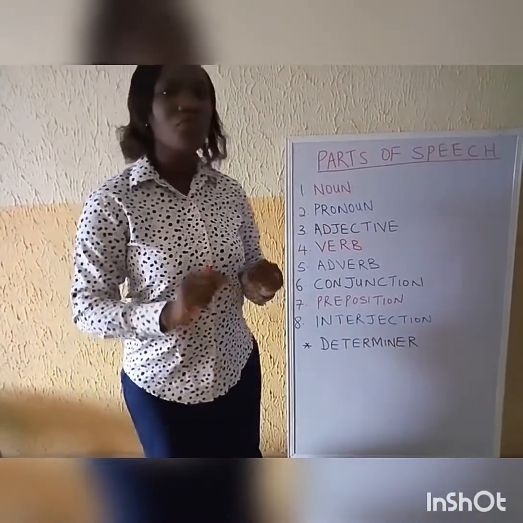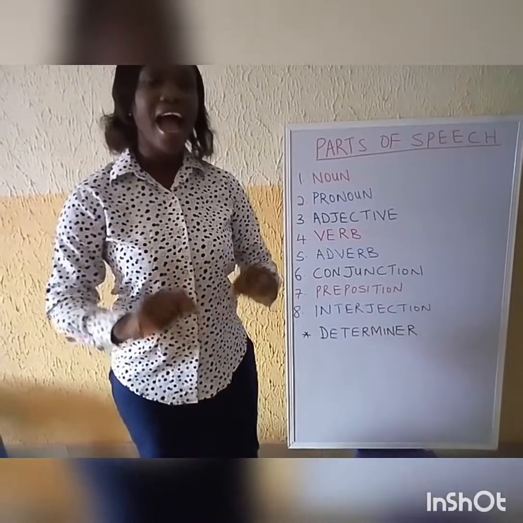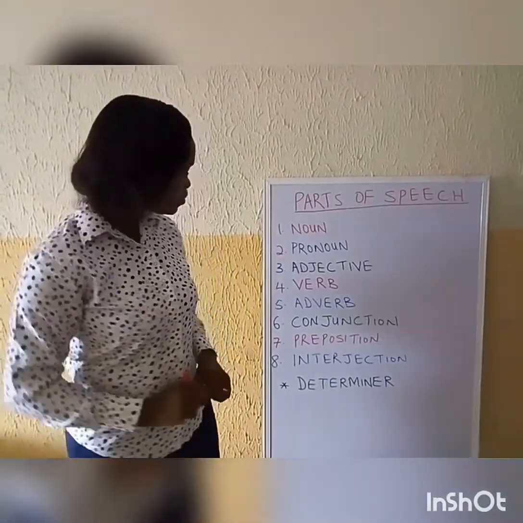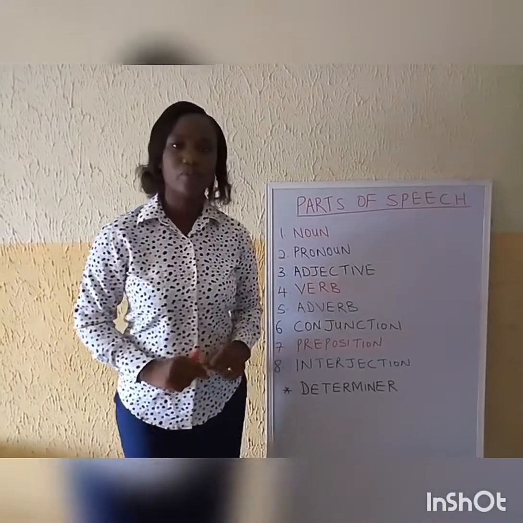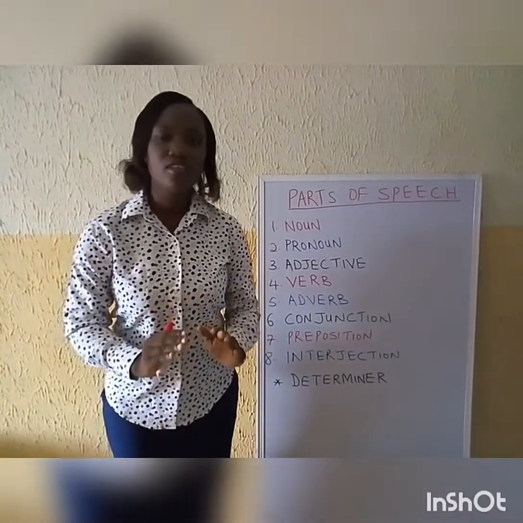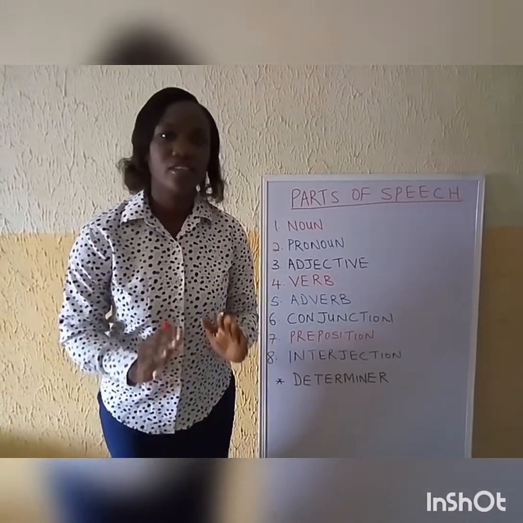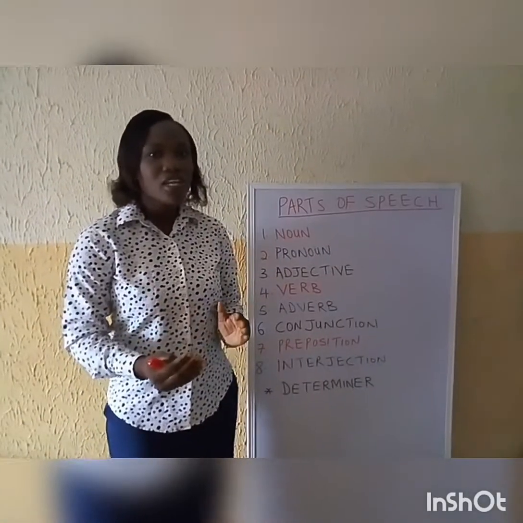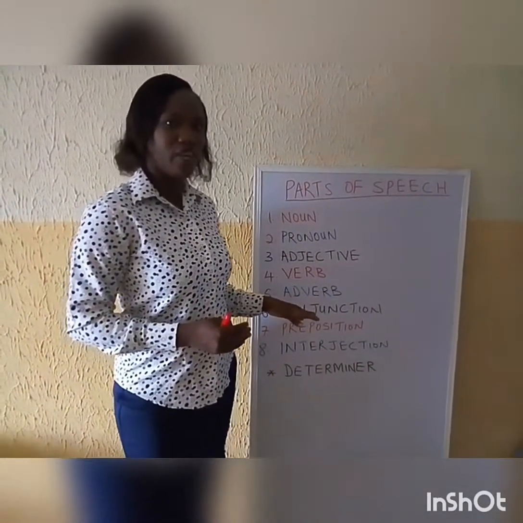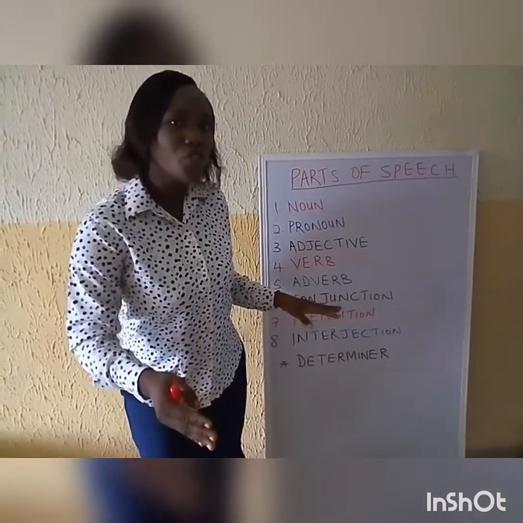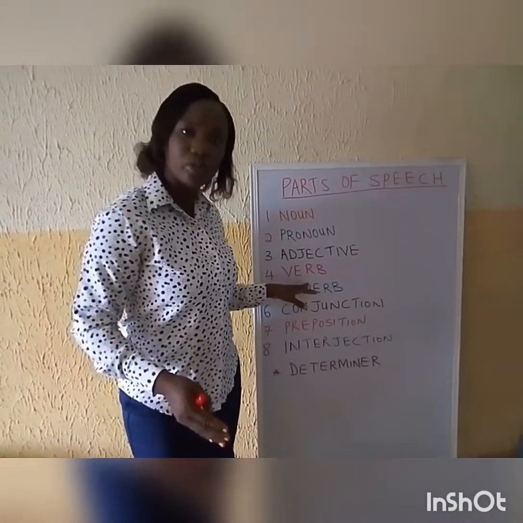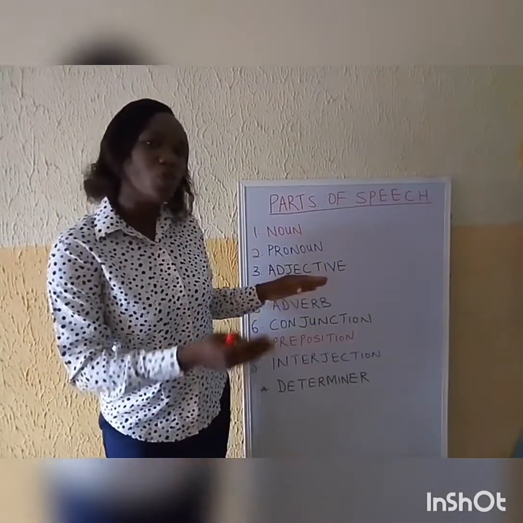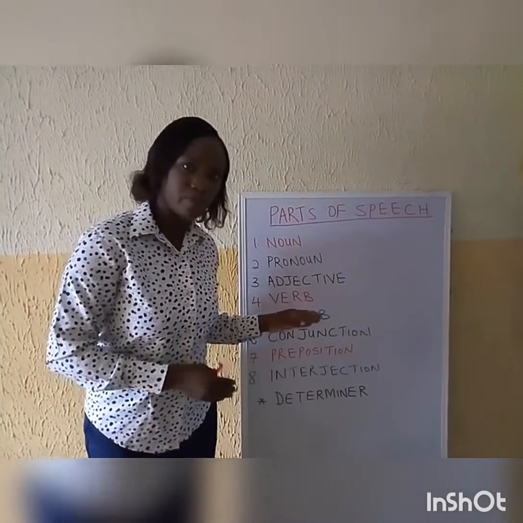So we'll look at three examples where adverbs can perform these different functions. The first example, she looks well. We are talking about look, which is a verb. Well is the word used to describe the look. So in this sentence, well is an adverb and it is modifying a verb.